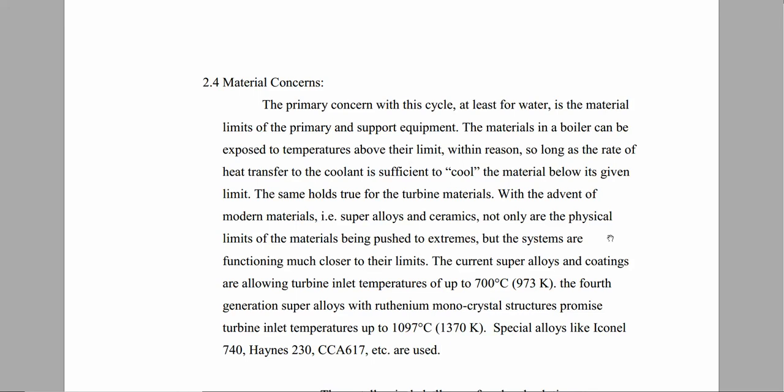The material in a boiler can be exposed to temperatures above their limit within the region so long as the rate of heat transfer to the coolant is sufficient to cool the material below its given limit. The same holds true for the turbine material.